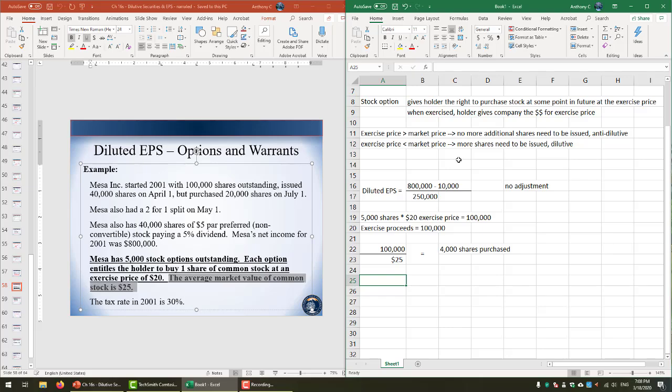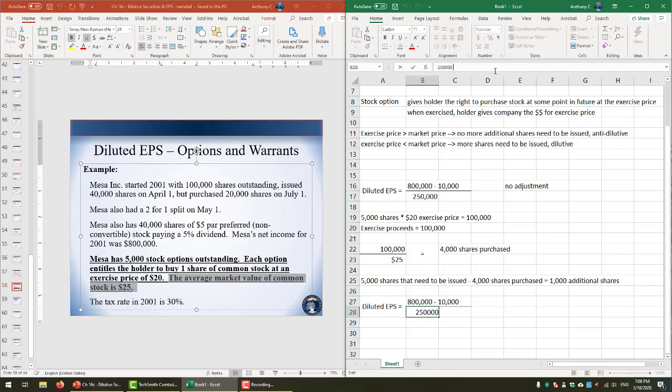However, since we're assuming that we have to give 5,000 shares to the option holders, and we can only purchase 4,000 shares, the difference is going to be the 1,000 additional shares we need to issue in order to satisfy our option holders. So in this case, we will add 1,000 shares to the denominator of diluted EPS, and then we have calculated diluted EPS for this case.